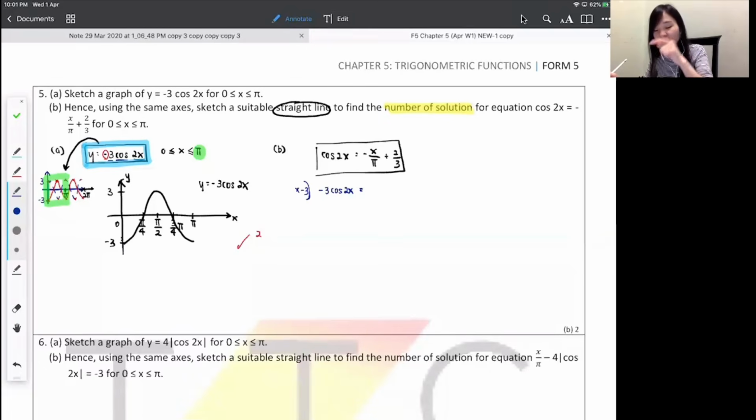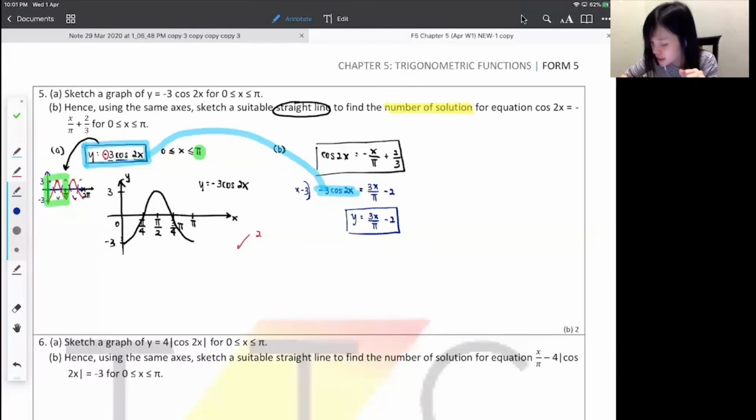Next one, negative times negative is positive, 3 times x is 3x over pi. Correct? How about the last part? Negative 3 times 2 over 3. Don't know, press calculator. Negative 2. Isn't the blue color one a y? So isn't it just like that? You realize y equals 3x over pi minus 2.